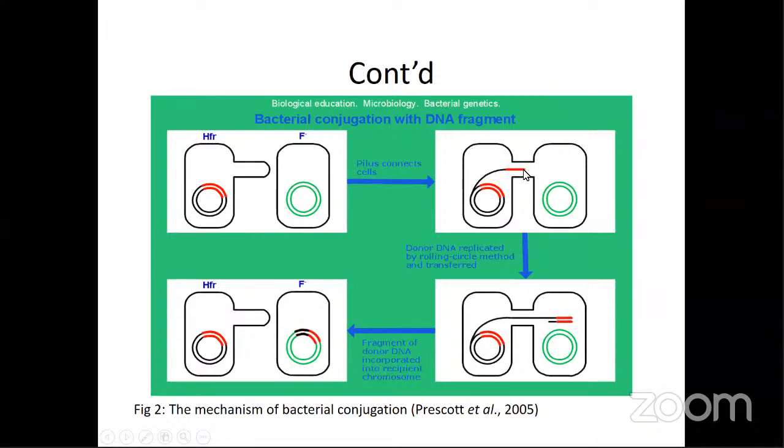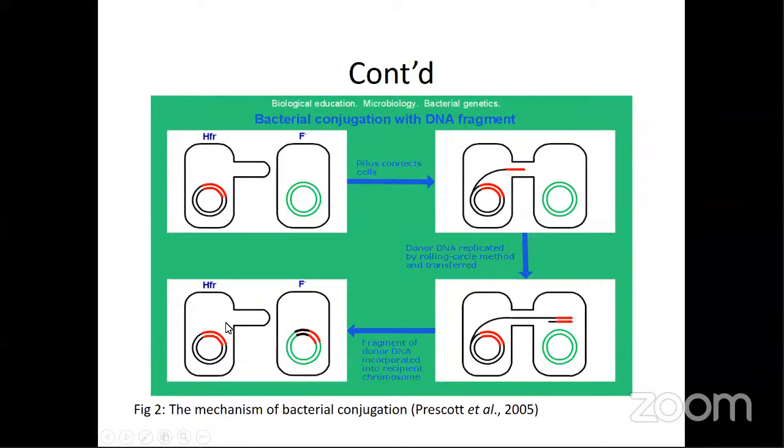And through this tube-like connection, the donor DNA is replicated by the rolling circle method and transfers some of its DNA to the recipient, as you can see here. Then the fragment of donor DNA is incorporated into the recipient chromosome.